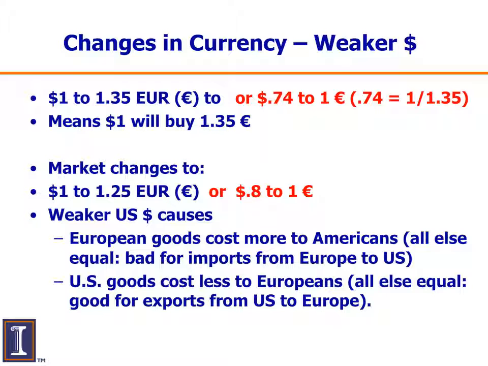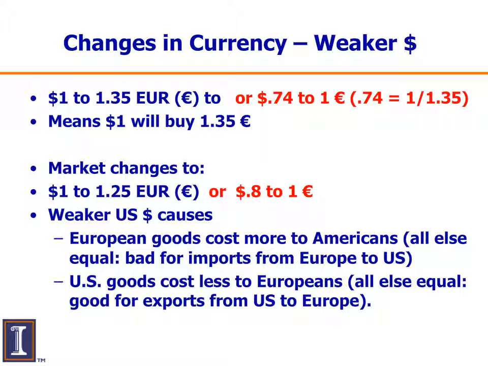Now, going down the slide a little bit, we have a market change and we go from $1 to 1.25 euros. So we went from 1.35 down to 1.25, and that's a weakening U.S. dollar. And obviously the counter of that would be a strengthening euro.